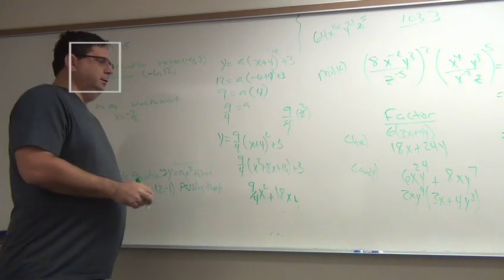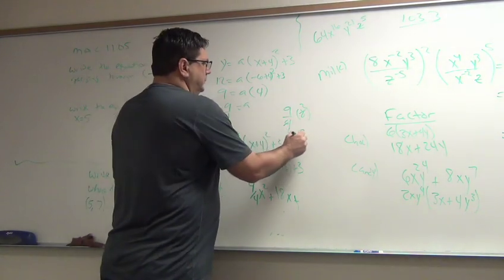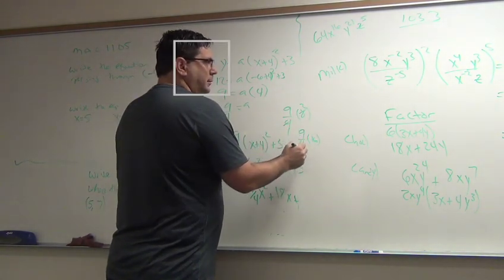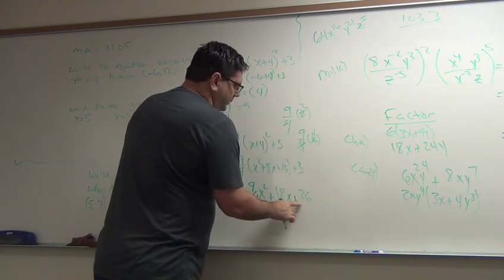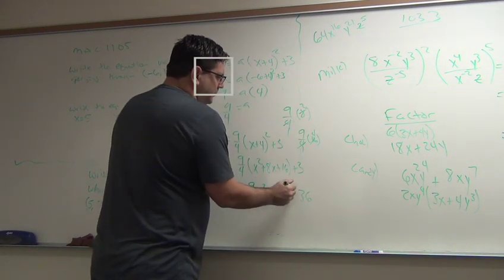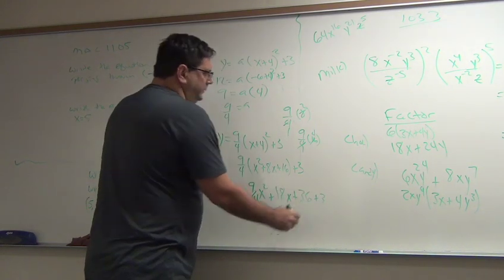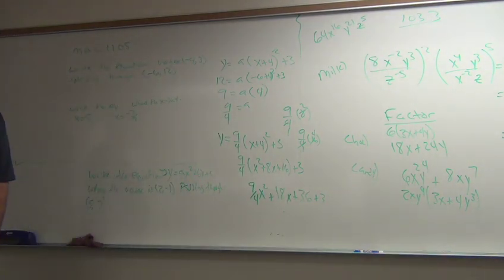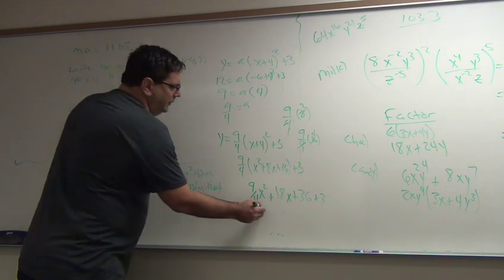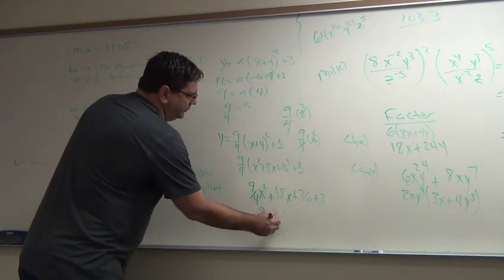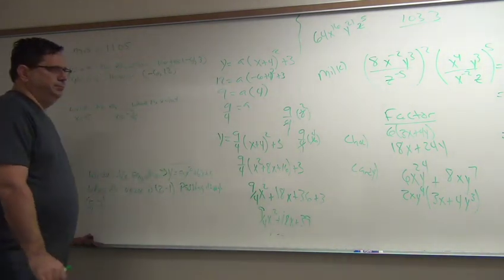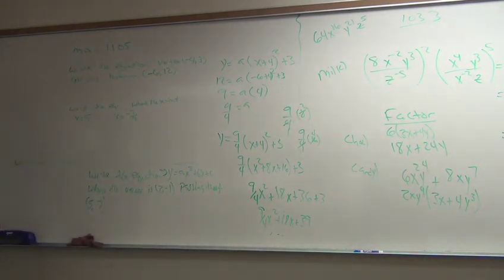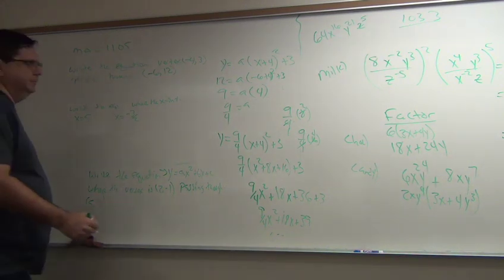Do we agree? 9 over 4 times 16. You good? Equals 36. Plus 3. So 9 over 4 x squared plus 18x plus 39. Would you write that like y equals in that? Yeah, y equals.